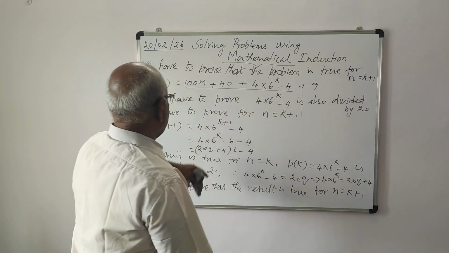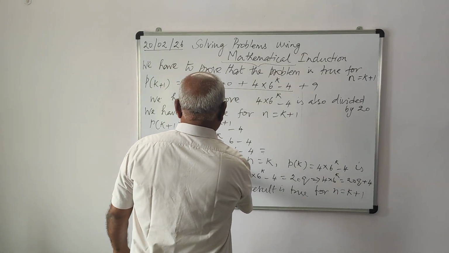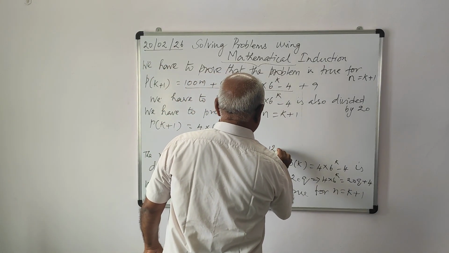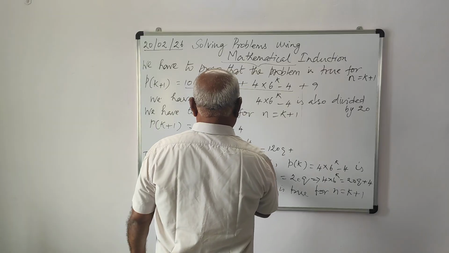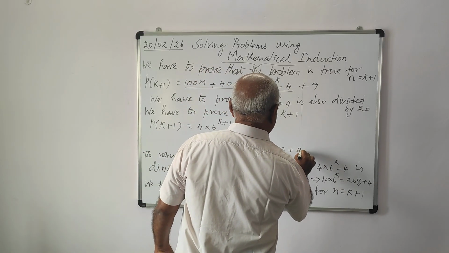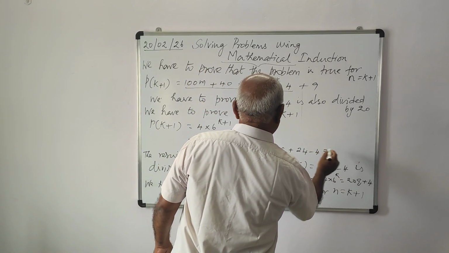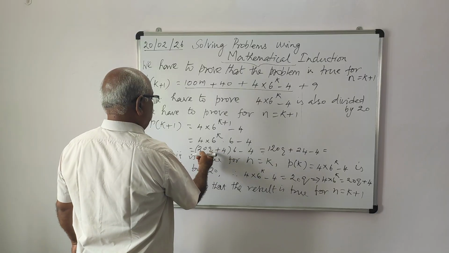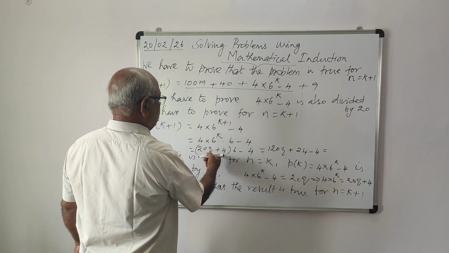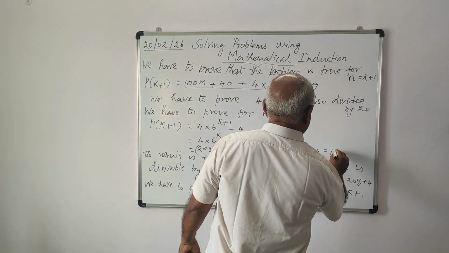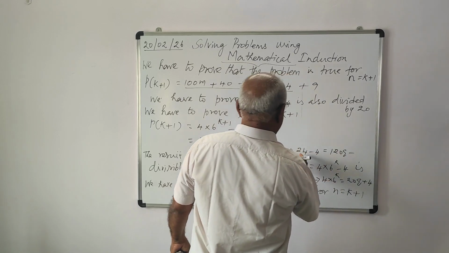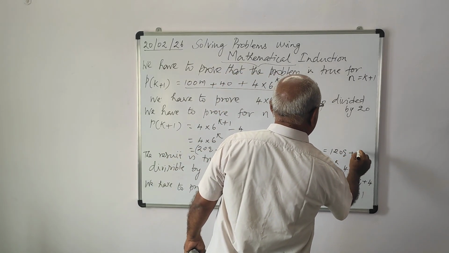So this is equal to 120q plus 24 minus 4. 6 times 20 is 120q, plus 6 4s are 24 minus 4. This is 120q, and 24 minus 4 is 20.